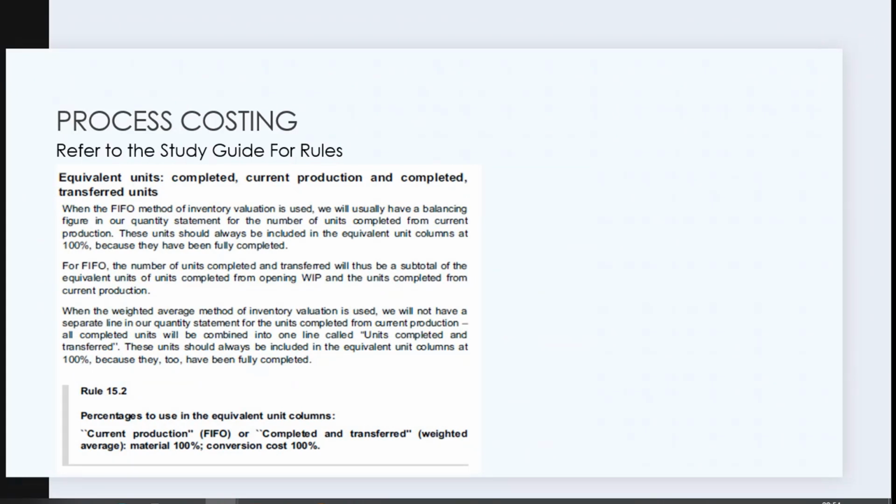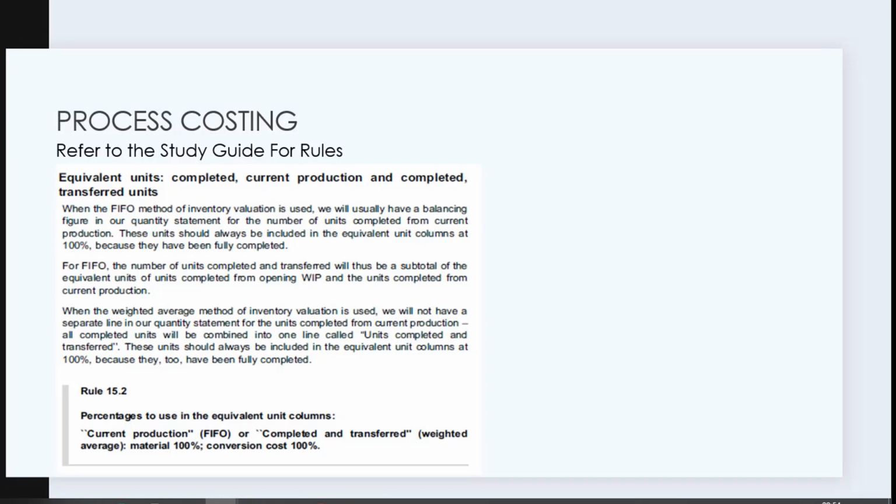You'll see the rules are inside your study guide. Know them by heart. And when the first in, first out method is used, we usually have a balancing figure on our quantity statement for the number of units completed for the current period. These units should always be included in the equivalent units column at 100% because they have been fully completed.